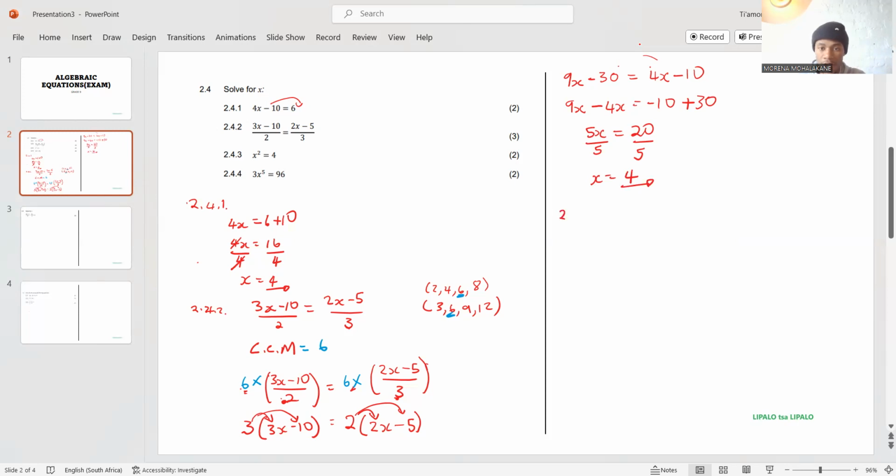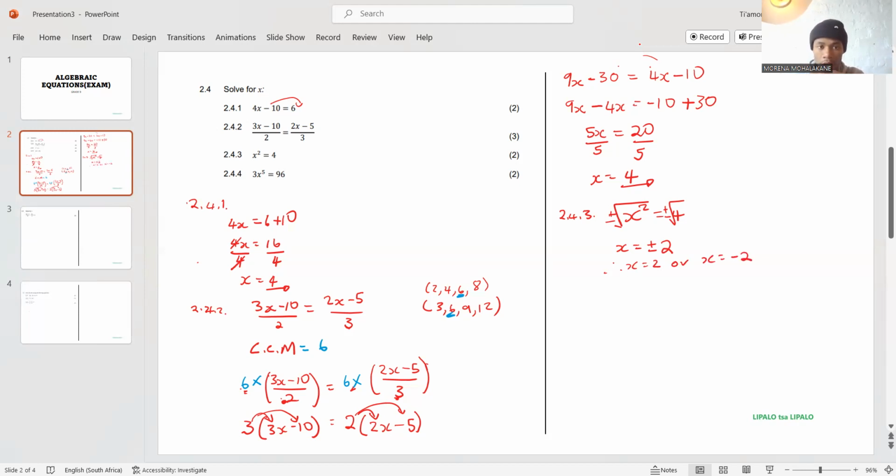Then the next question, 2.4.3, you are given exponents, right? So this one I can just introduce a surd. So I'm going to have plus or minus, remember, plus or minus. So x is going to be equal to plus or minus what? 2. So therefore, x is equal to 2, or x is equal to negative 2.